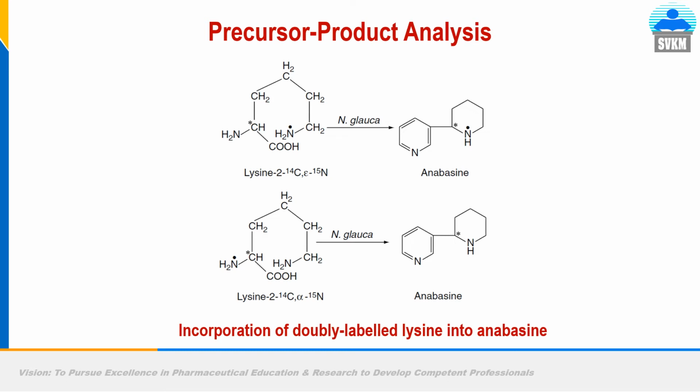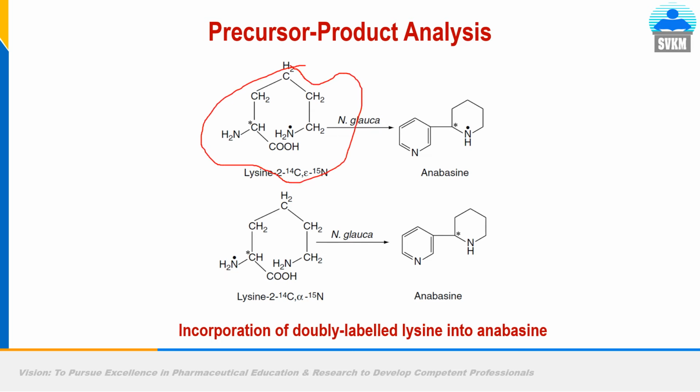So here there is a role of labeled compounds. As we have discussed earlier, there is a need for a labeled compound, meaning the precursor will be attached with a radiolabeled component. Let me tell you. Here this is the structure of lysine.